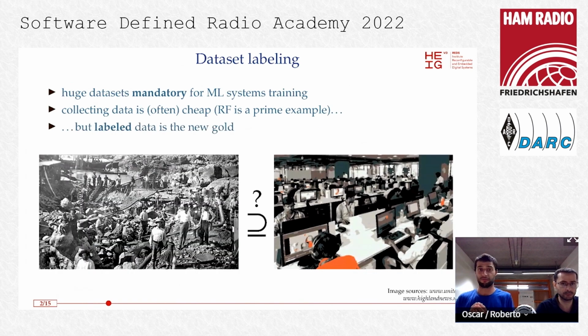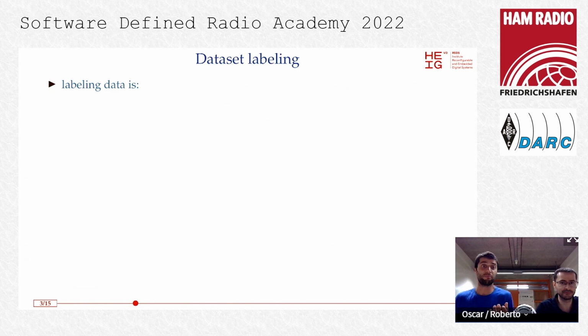Having labeled data is very difficult, to the point that labeled data is the new gold. This is because labeling data is labor-intensive, tedious, and error-prone.